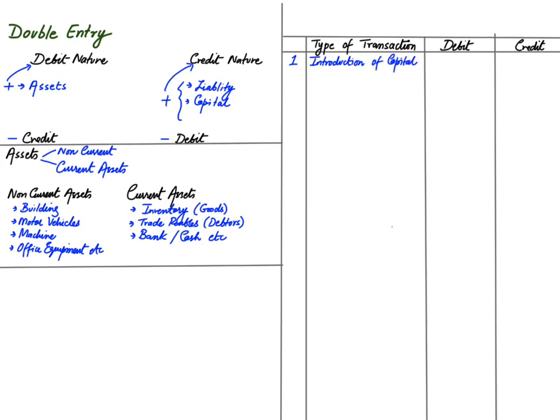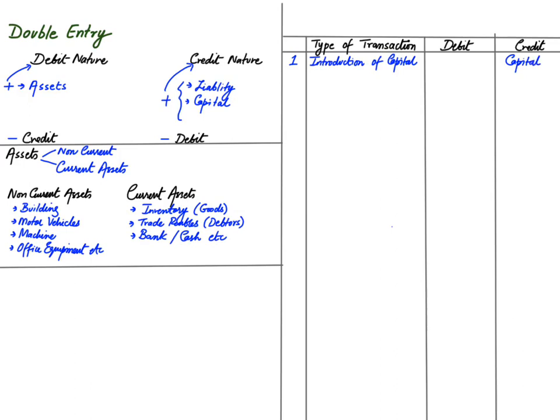If you are starting up a business, you need capital for any type of business to start. Whenever we are introducing capital, we have already learned that capital has a nature of credit. Whenever capital is increased, we will be crediting the capital account.